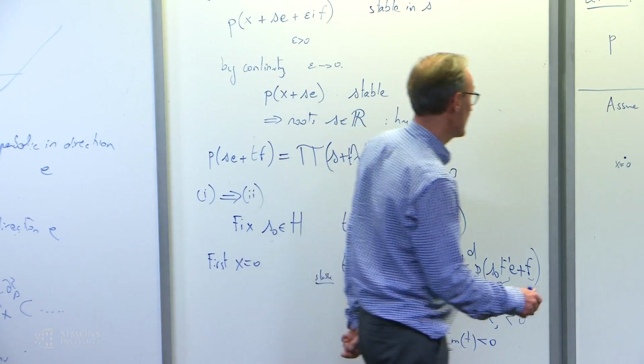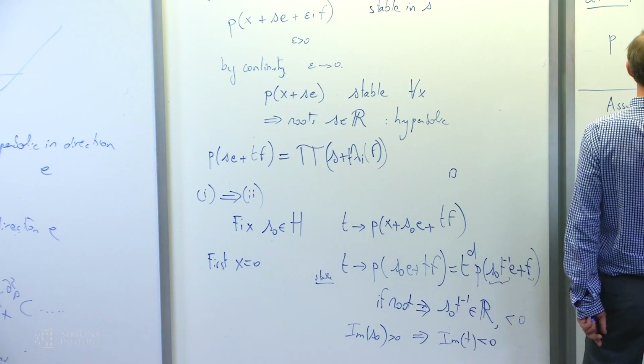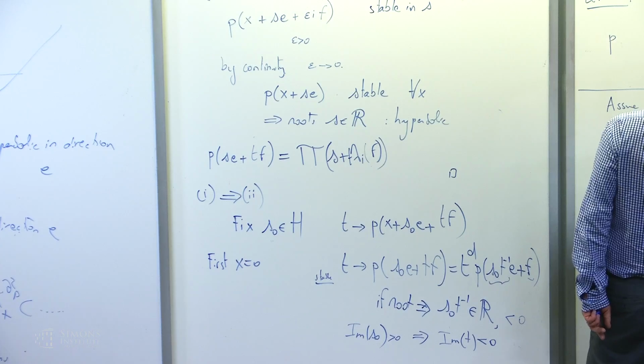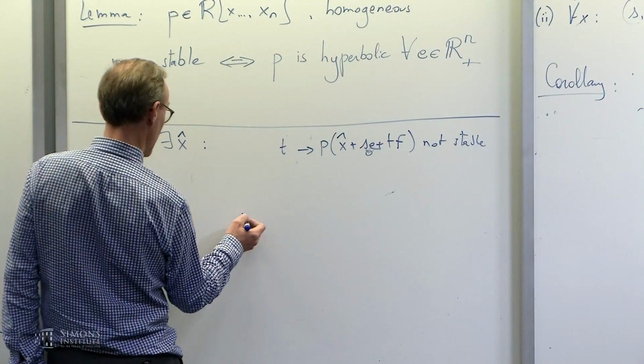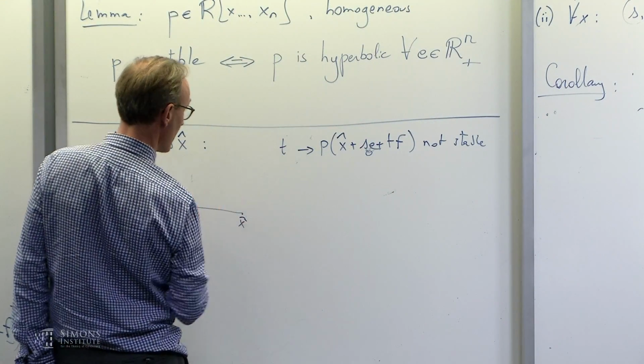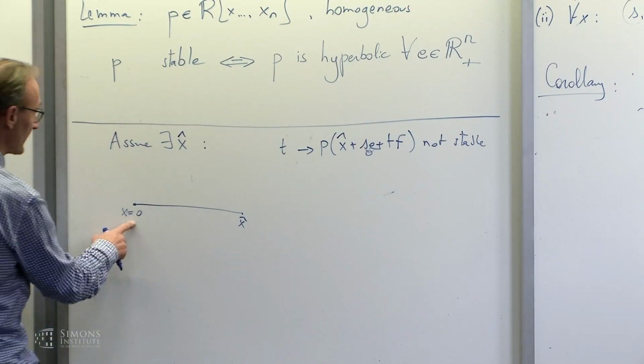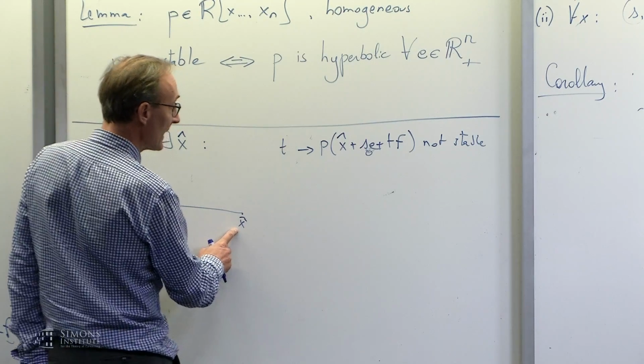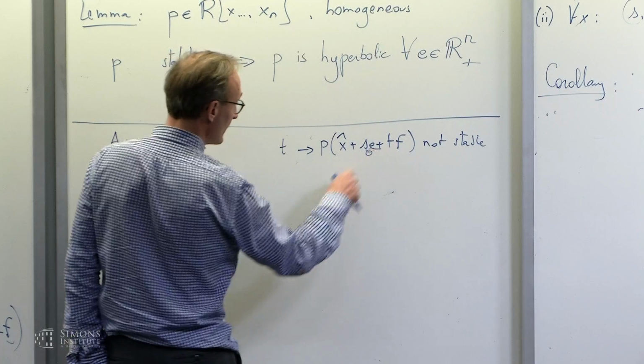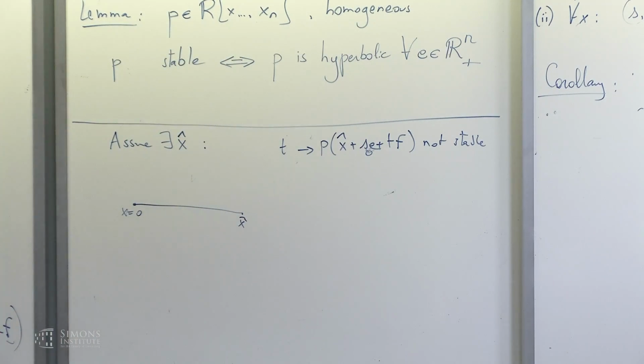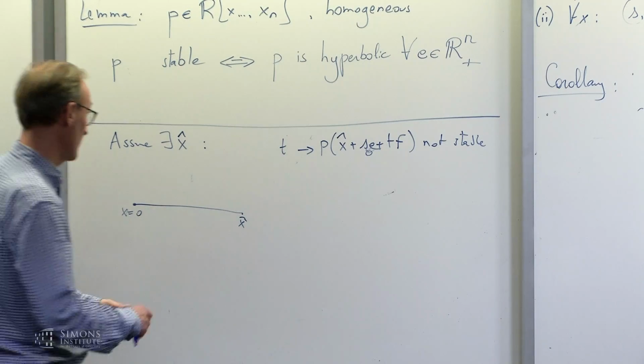So between x equal to 0 and this x hat, by continuity of the roots, I have a root that goes from imaginary part less than 0 to imaginary part bigger than 0.